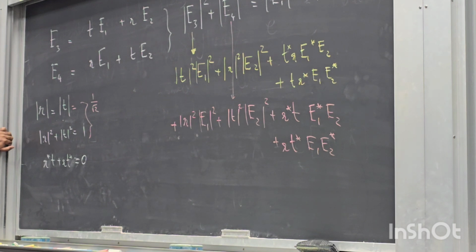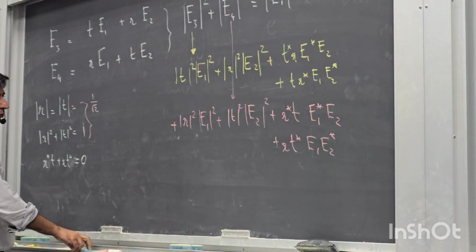Now I need to adjust the phases of R and T. What generally happens is that the phase between R and T depends upon the construction of this dielectric. Generally it happens that when you have reflection, you get a 90 degree phase shift.